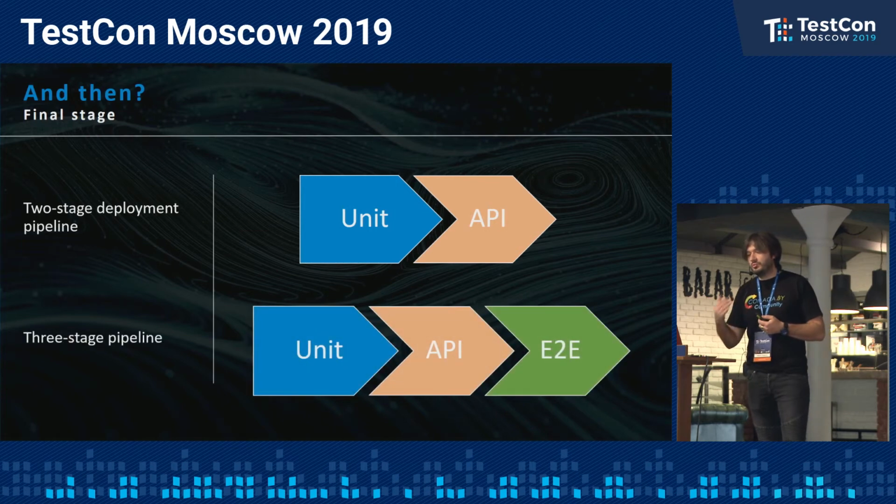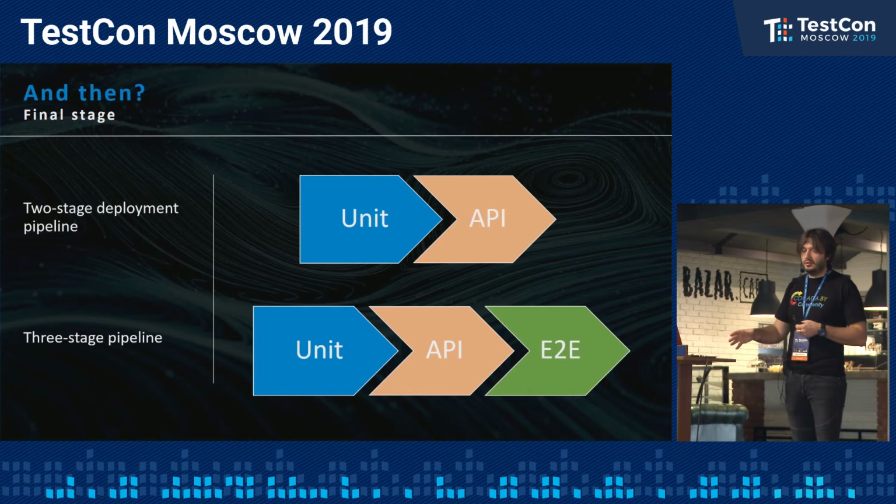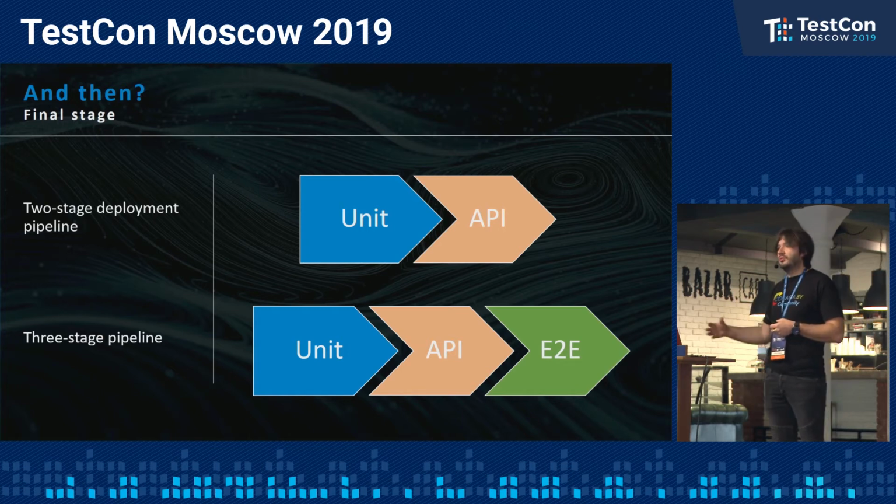And another popular trend is a multi-step or three-step pipeline. We assemble and run unit tests, we deploy, then we do service tests, and we deploy, and then we go to E2E, end-to-end tests.